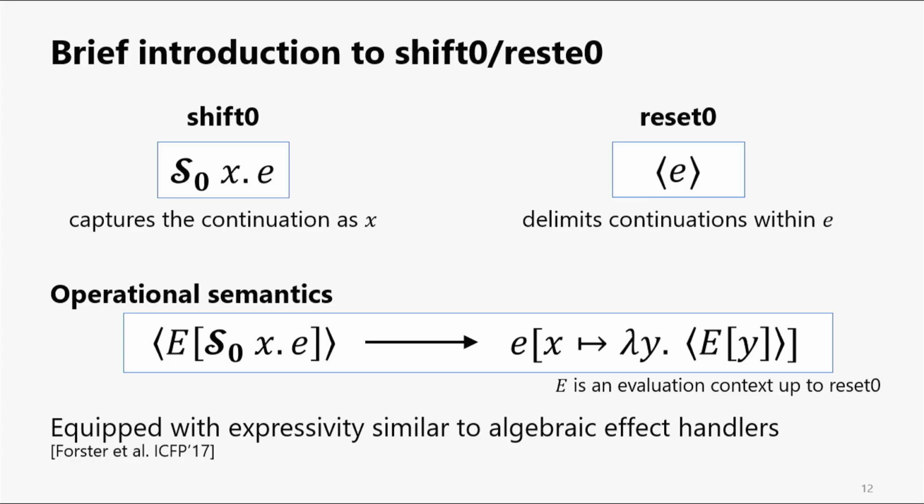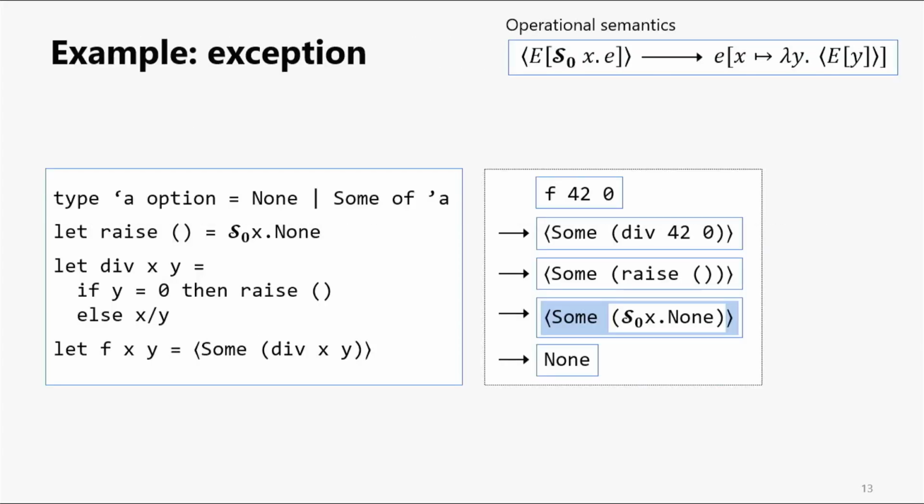For example, its expressivity is very similar to algebraic effect handlers, which are recently popular constructs for structuring effects in programs. So I think shift 0 reset 0 has a good balance between theory and practice.